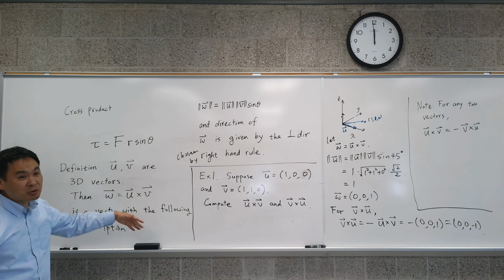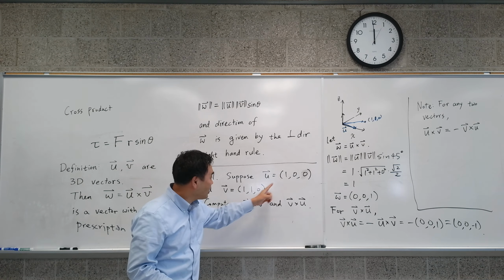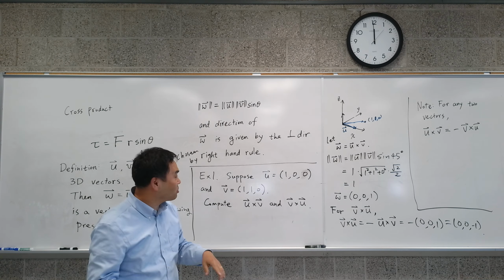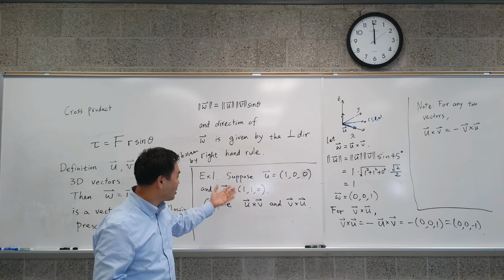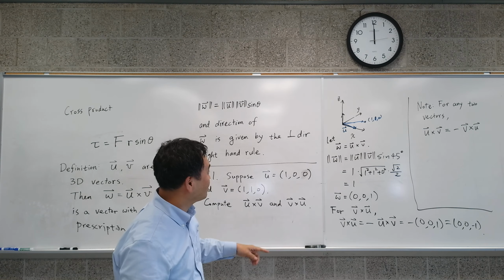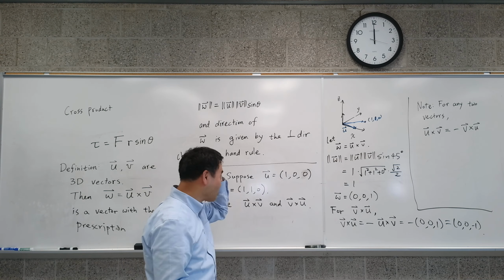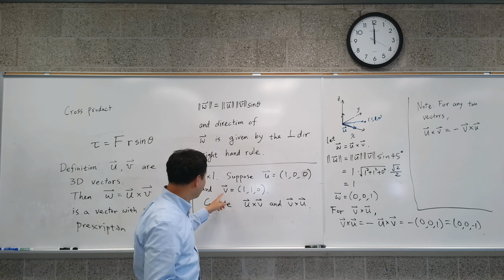So that's how you would use this definition. It's a formidable definition because you have to carefully figure out their lengths, figure out their angles, and only when you get those angles can you figure out whether you have direction going up or down, or something totally different. If I had vector v as 1, 1, 1, now I'm at a loss.